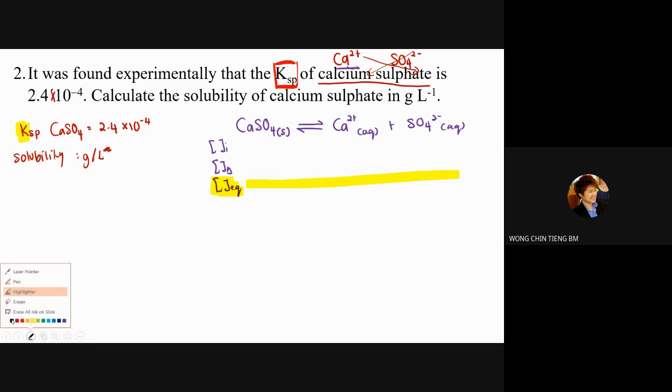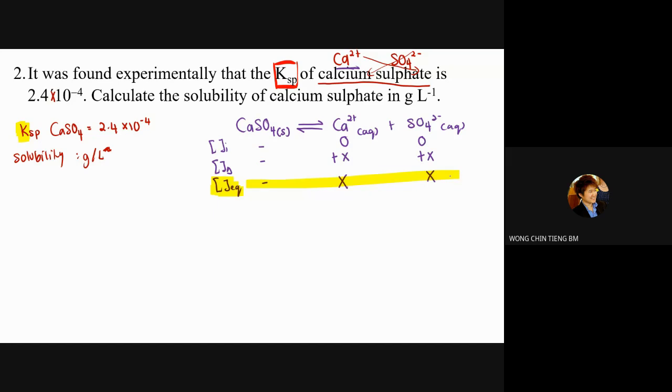And initially over here, saya tak ada apa lagi. Initially over there, we have nothing. Therefore initially, solid tak kira ya. 0, 0. Kenapa balance equation penting? Sebab yang kita nak nampak adalah this one. Kita nak tahu dia berapa X. That is the reason why you need your equation.